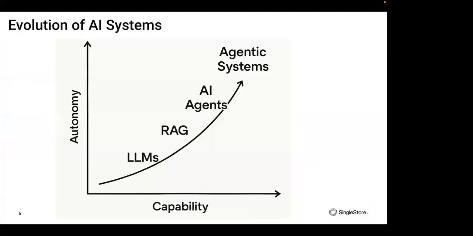So let's move further. This is the evolution of AI systems so far. If you take x-axis for capability and y-axis for autonomy, it all started with LLMs, basic LLMs, with no custom knowledge base attached. LLMs were trained on a lot of raw data, structured, unstructured data, anything on the internet.